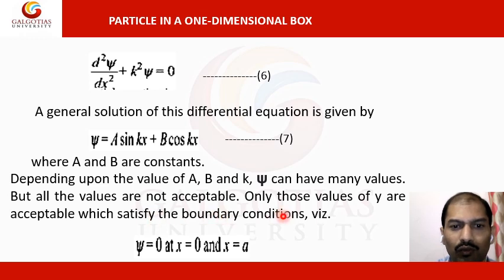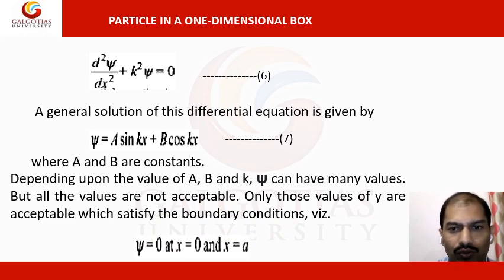Only those values of psi are acceptable if they satisfy the boundary condition, which is psi equal to 0 at x equal to 0 and x equal to a. So there are certain conditions, and on the basis of those conditions, only acceptable solutions will fit in this way.